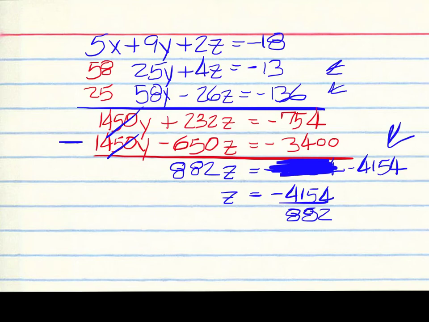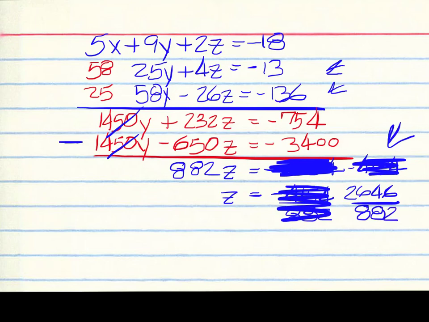That's my fault. Yeah, you're right. So we'll scratch that and scratch that. It should be negative 754 and then plus 3400. Yeah, 2646 is what it should be. 2646, and then you're going to divide by 882. And when you do that, it'll come out to be 3. That's a whole lot better.